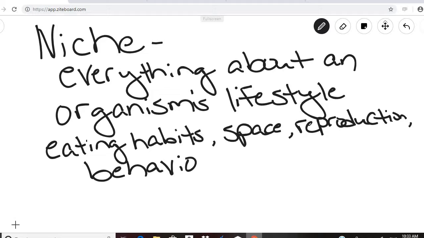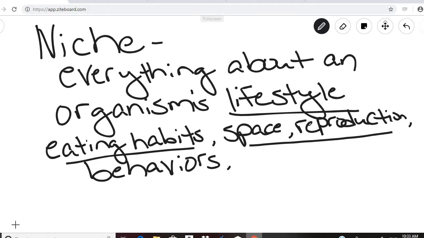Ecologists talk about all of these factors that can affect an organism, because that allows them to study how changes in any of these things affect the organism.